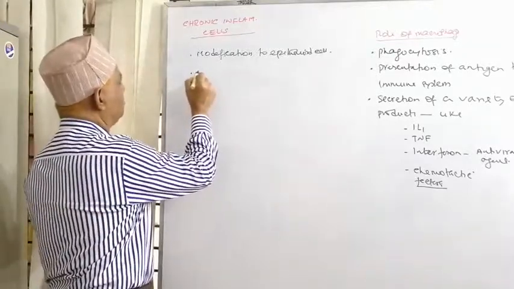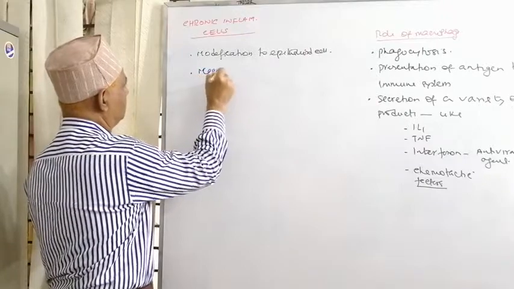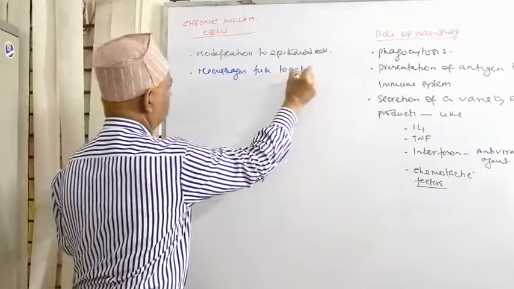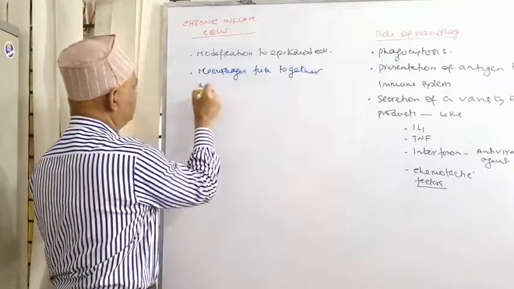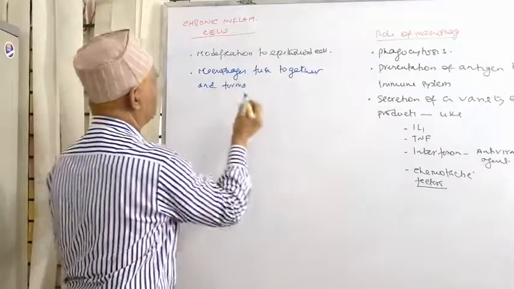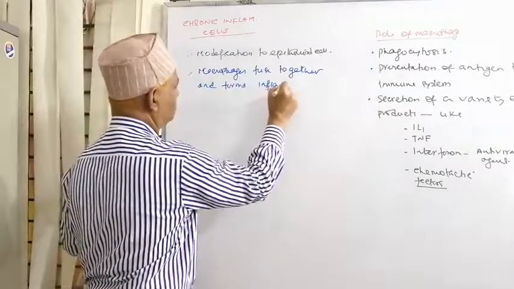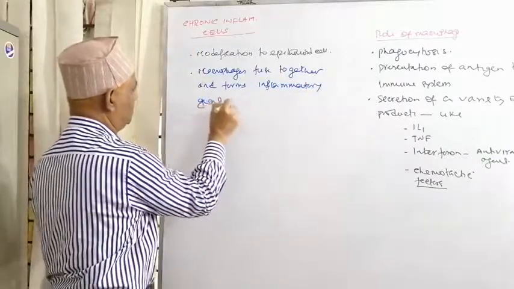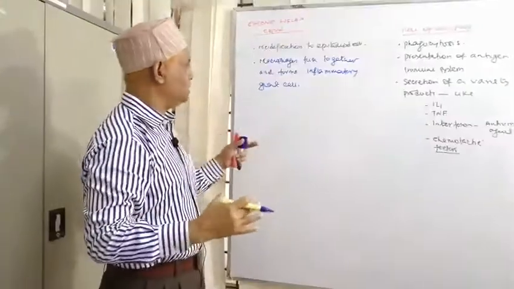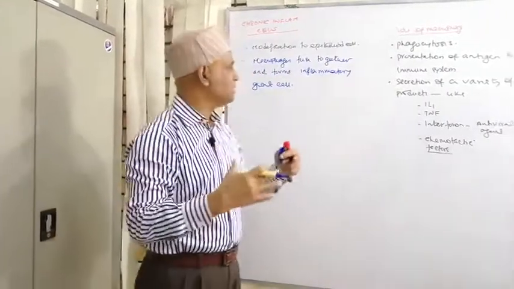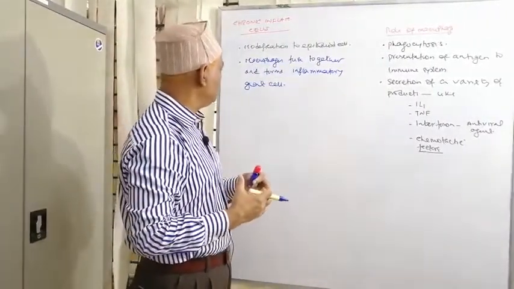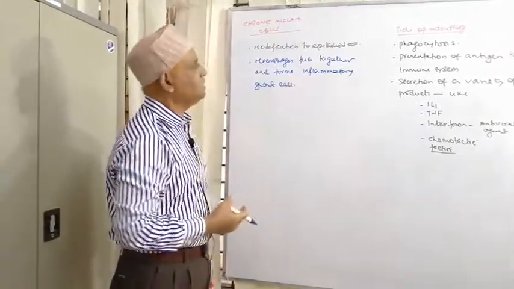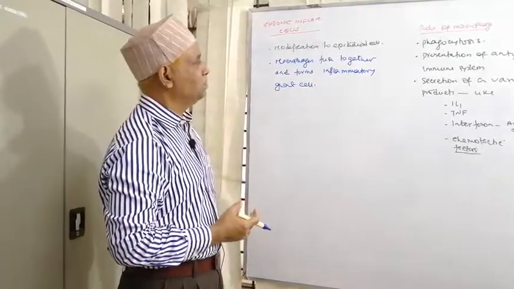Another function: macrophages fuse together and form inflammatory giant cell. So many macrophages fuse together and form a single cell containing multiple nuclei, and the cell becomes larger in size. This is called inflammatory giant cell. So these are the functions, role of macrophages.